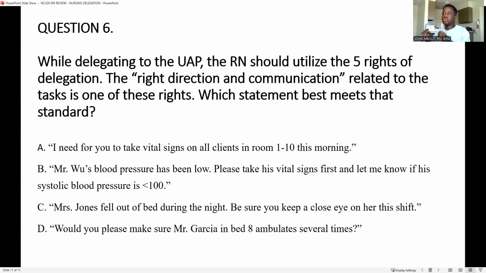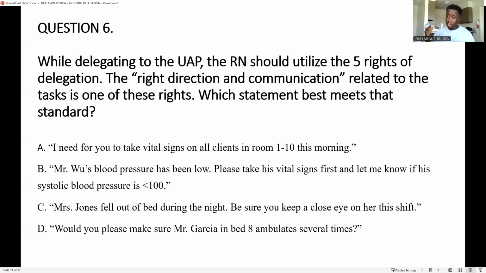B, Mr. Wu's blood pressure has been low. Please take these vital signs first and let me know if his systolic blood pressure is less than 100. C, Mrs. Jones fell out of bed during the night. Be sure you keep a close eye on her this shift. D, would you please make sure Mr. Gracia in bed 8 ambulates several times?